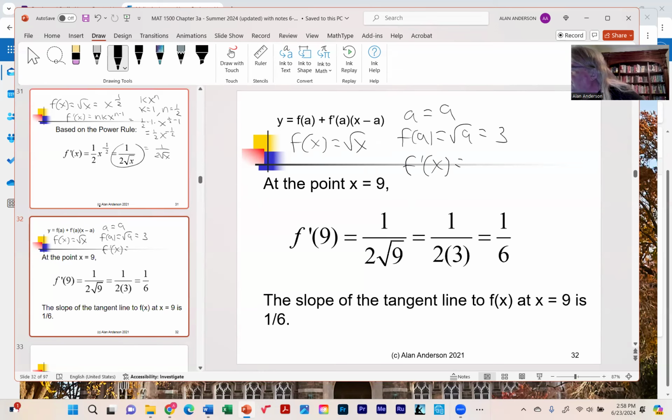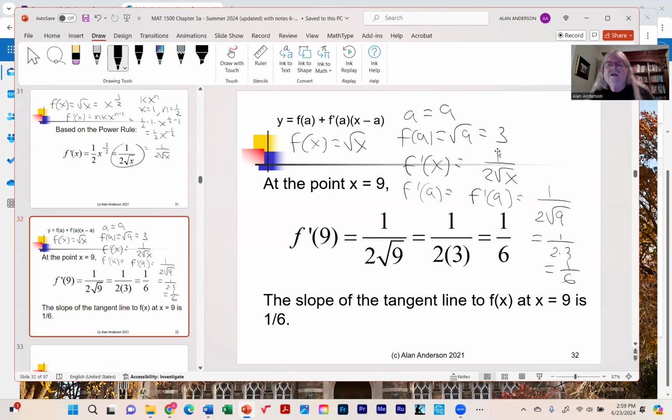And f prime of a is f prime of 9, which is 1 over 6. Okay, so we pretty much have everything we need.